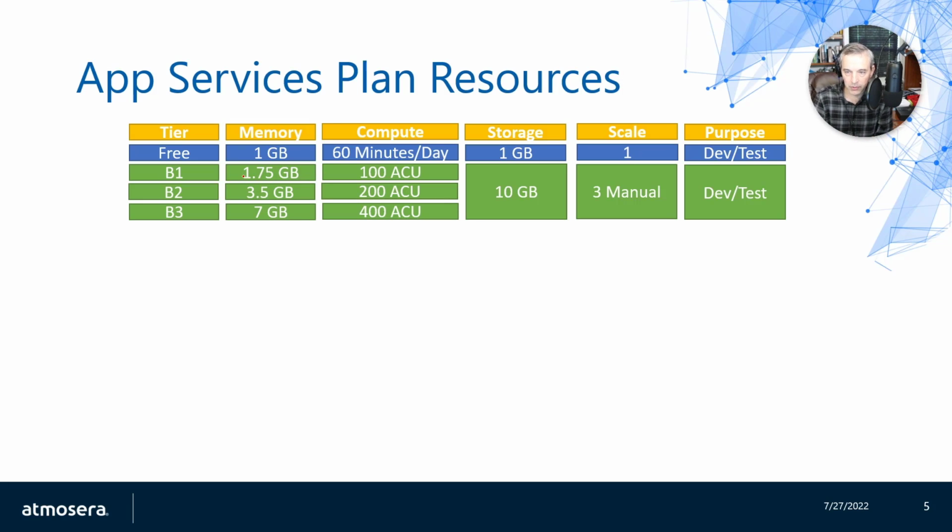This one has 1.75 gigs of RAM, 100, 200, 400 ACUs. 200 ACUs is roughly equivalent to a vCPU in the Azure context. So you could think about this as half a vCPU, this is a full CPU, and this would be about 2. Then it gives you 10 gigs of storage, and the scale is 3 manual, and so on.